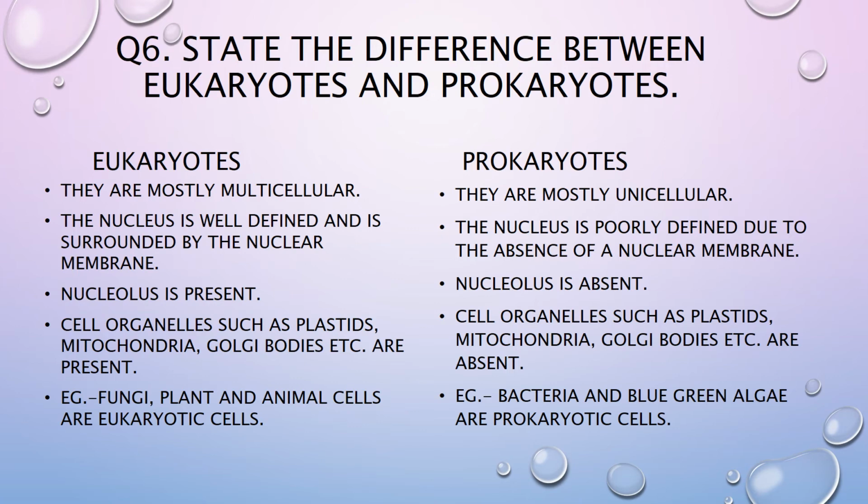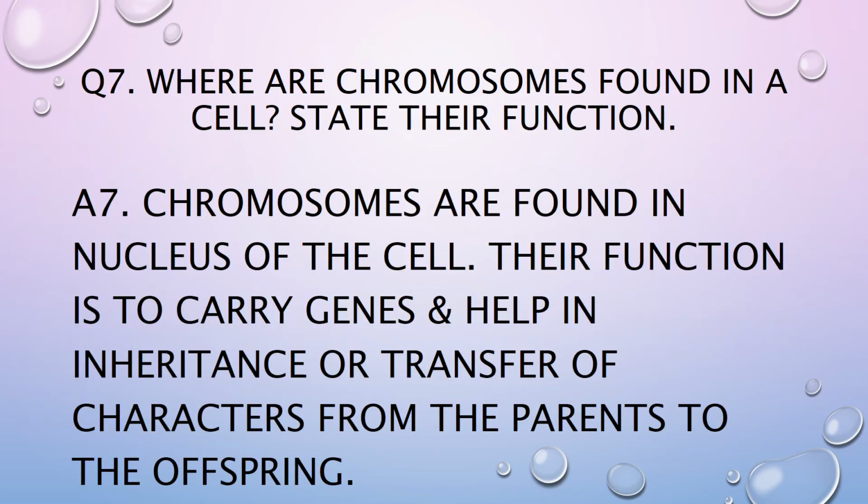Example, bacteria and blue-green algae are prokaryotic cells. Question number 7 is where are chromosomes found in a cell? State their function. The answer is, chromosomes are found in nucleus of the cell. Their function is to carry genes and help in inheritance or transfer of characters from the parents to the offspring.